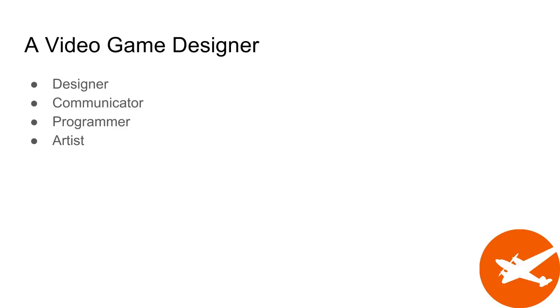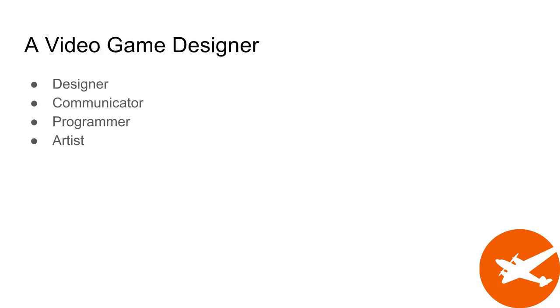Usually, unless you're a unicorn and you can do everything, you're going to have to work on a team. And so you're going to have to be able to communicate. If you are the person who understands all the systems the best, not just the high concept of the game, because everyone can have their ideas, but the intricate systems of the game, you will have to communicate that somehow to other people. And you're going to have to talk the language of other people.